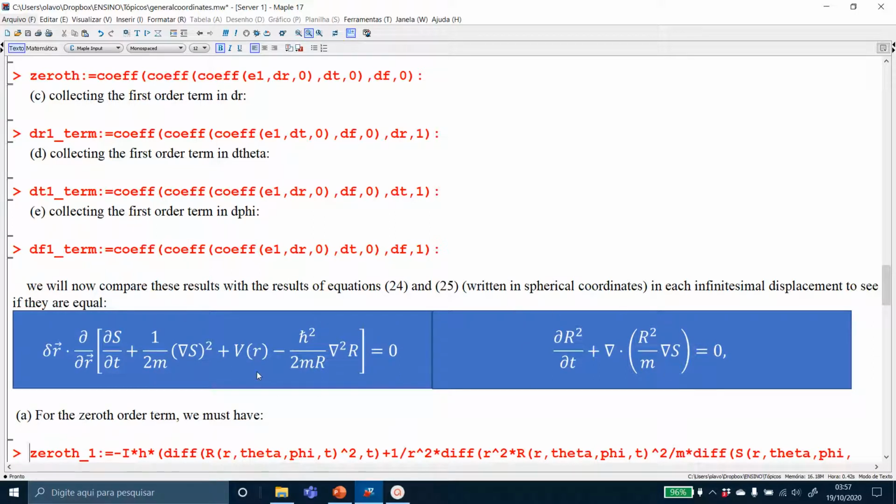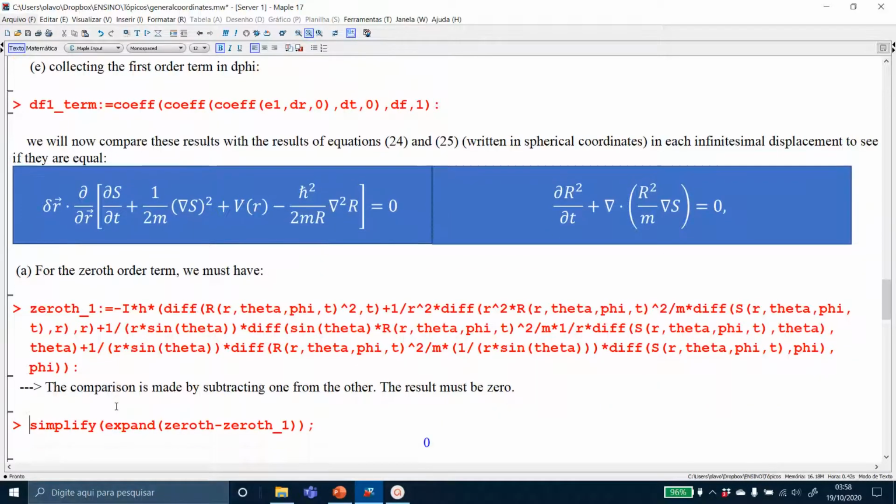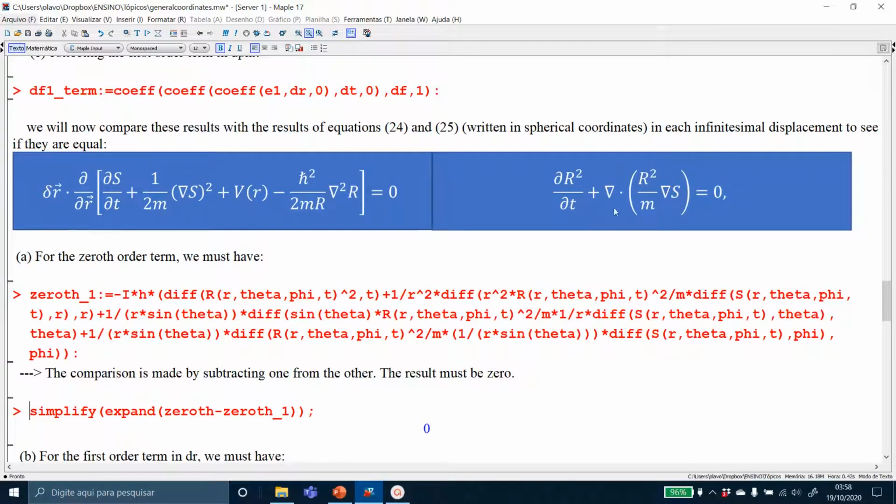Notice that this is not the demonstration yet. We are only showing in the next steps that these two terms are obtained. For the first order, which is here, we may compare what we get and this term written directly.